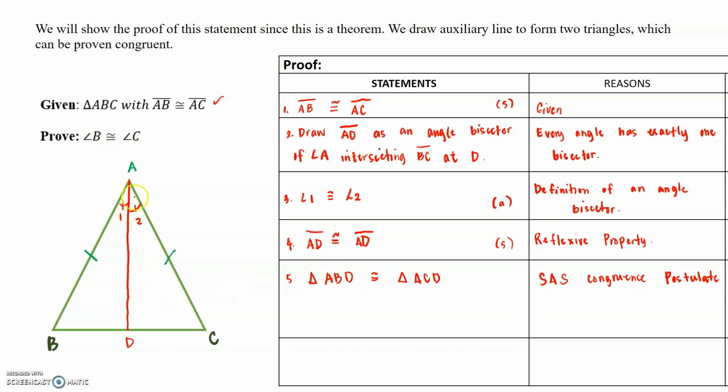Since triangle ABD and triangle ACD are congruent, then we can say that this angle and this angle are also congruent, right? It makes sense. We say triangle ABD is congruent to triangle ACD, so meaning to say angle B is congruent to angle C. So let's write that.